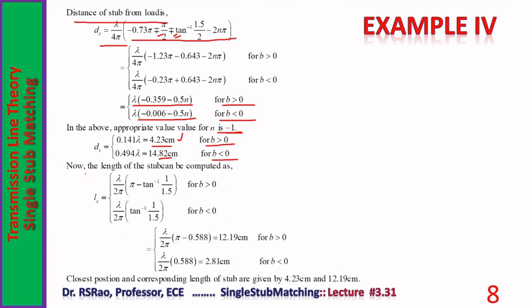Now the length of the stub can be computed using this formula: lambda by 2 pi times (pi minus tan inverse of 1 by 1.5) for B more than 0, and another formula for B less than 0. Substitution results in 12.19 cm for B more than 0 and 2.81 cm for B less than 0. But our requirement is to connect the stub at the smallest possible distance from the load.